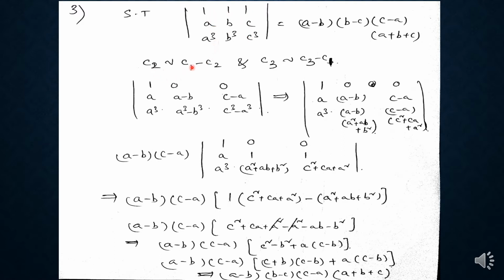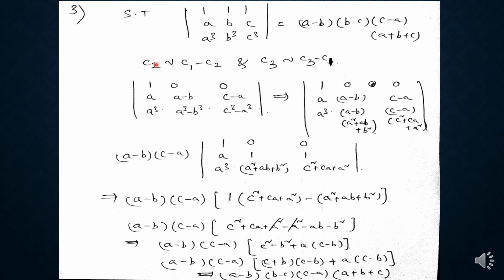So C2 changes to C1 − C2: 1 − 1, a − b, a³ − b³, like that. And C3 changes to C3 − C1: that means 1 − 1, c − a, c³ − a³. Now first see C2 changes to C1 − C2. The corresponding elements are subtracted from column 1 and column 2.